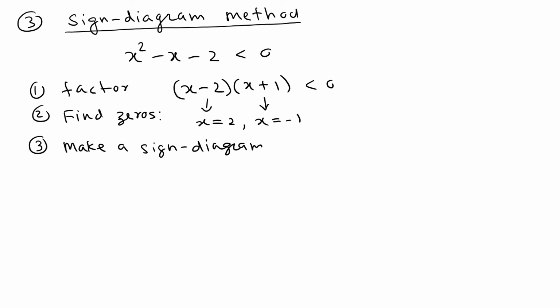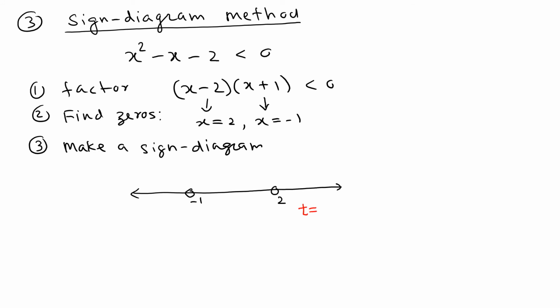It's useful for many problems. We draw a number line, and we put those zeros in the right order. This is negative 1, which is open because there is no equal sign. This is 2. After you put those numbers in the right order, we're going to pick test points. I'm going to use T to mean the test point. What's the test point I'm going to pick? Any point on this side.